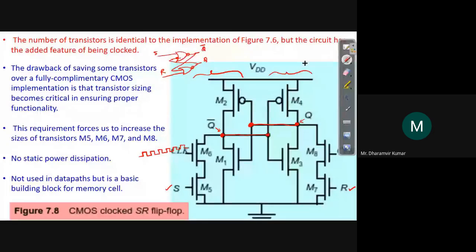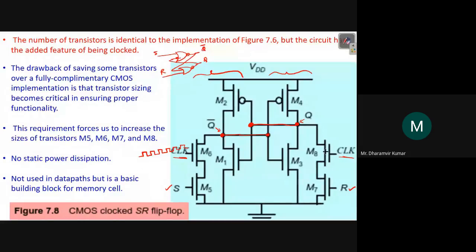So there should be a provision for providing a clock signal. One clock signal should be fed into both the NOR 1 gate and the NOR 2 gate. Look here, one clock signal is fed here for the NOR 1 gate, and the second is fed here for the NOR 2 gate.